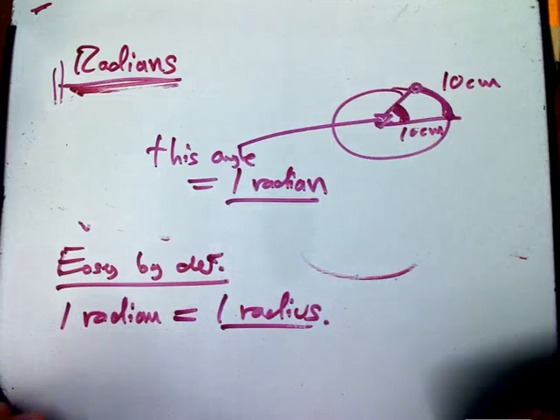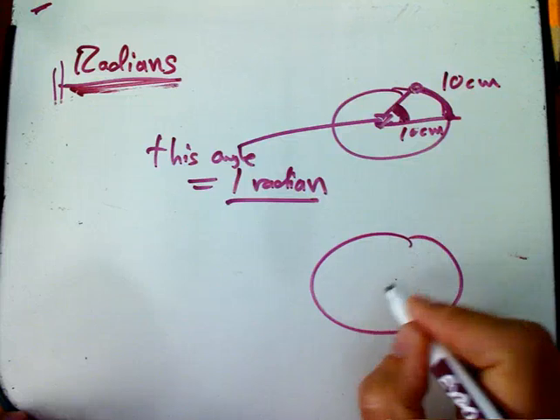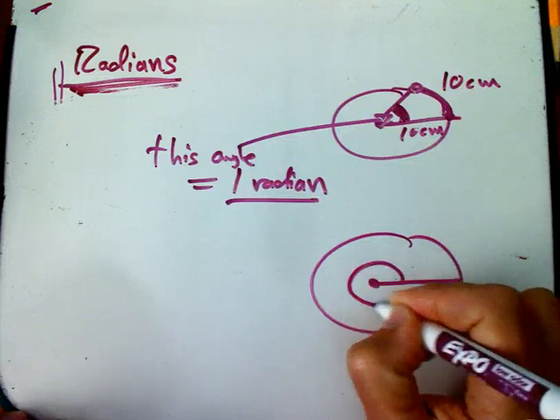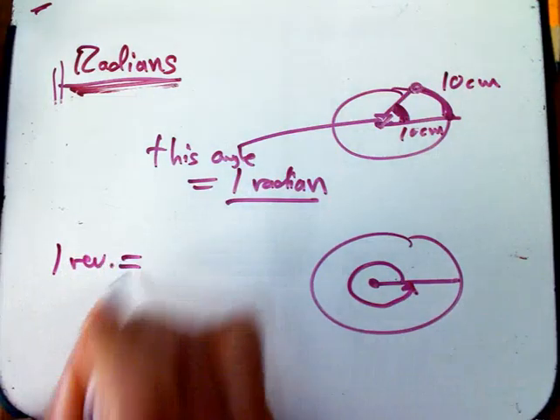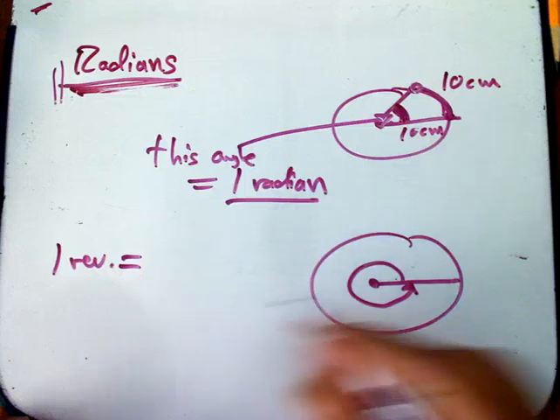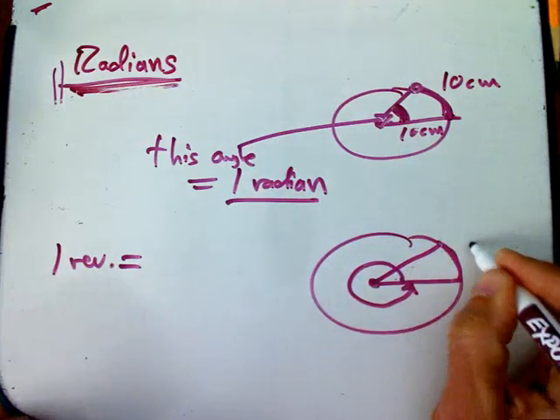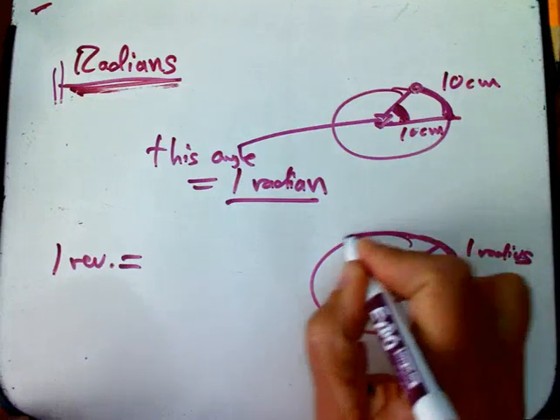So let's think about what that means. Let's go back to something that was easy in terms of circumferences. It's going to be just slightly messier in terms of radians. 1 revolution is going to be, well, let's see. This was 1 radius. Well, how much is that?